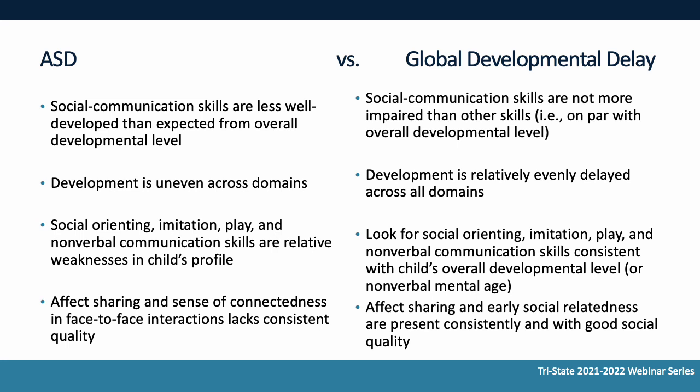And in ASD, the paying attention to affect and emotion is really important. So you may see a lack of consistent quality in sharing affect and in feeling connected to the child when you're in face-to-face play without objects. Whereas if the child has a global developmental delay, it's more likely that early social relatedness is present and there's some good social quality at the developmental level that the child is functioning at.